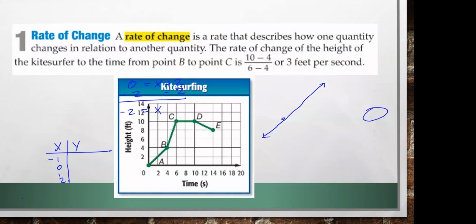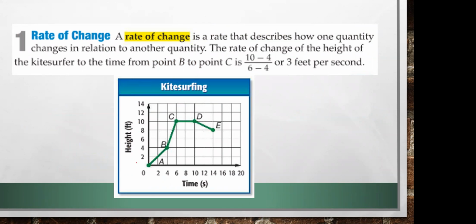All right. So rate of change. A rate of change is a rate that describes how one quantity changes in relation to another quantity. The rate of change of the height of a kite surfer, so here we've got this kite surfing graph, and here's the height.